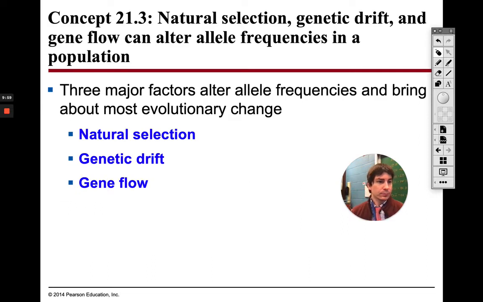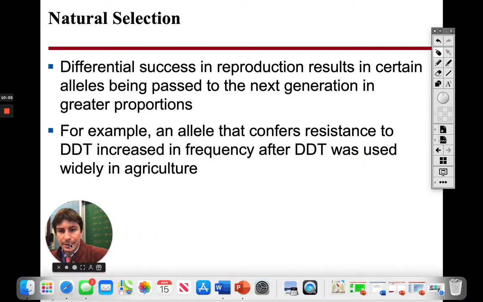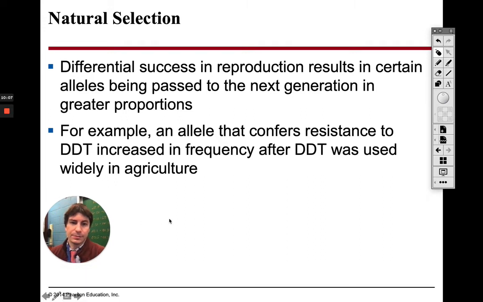All right, so let's get into genetic drift and gene flow. Here is an example of something called DDT. So what was going on? Back in the day, we had mosquitoes, and they were bringing about malaria and different things like that. But they got this DDT, which was an insecticide, and they used it in agriculture.